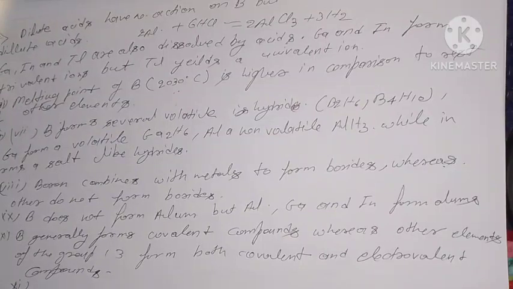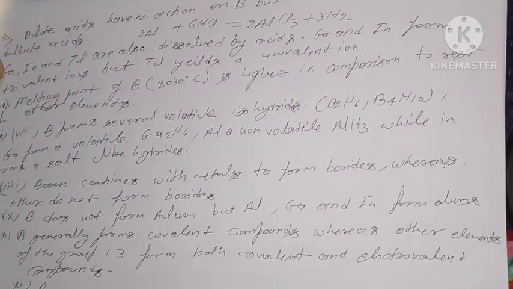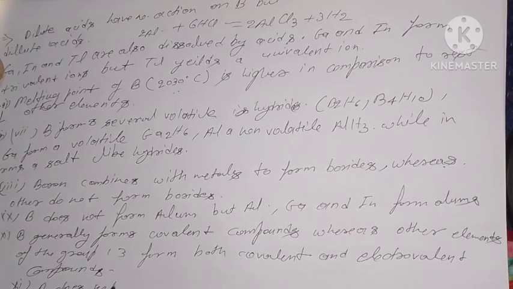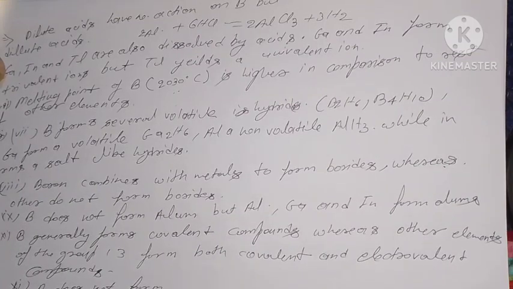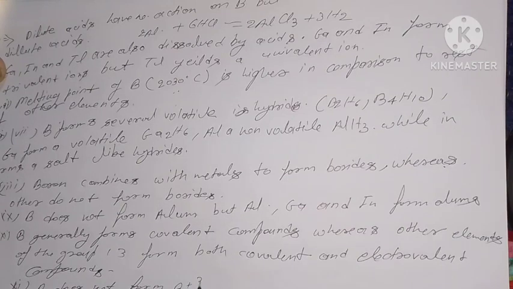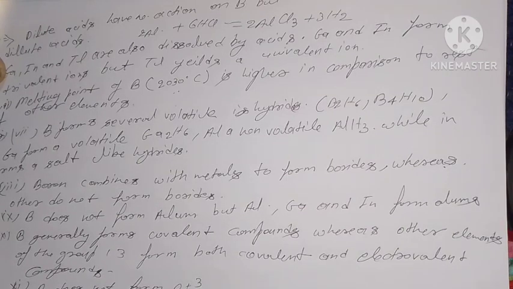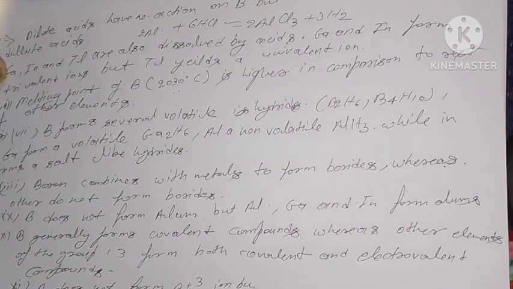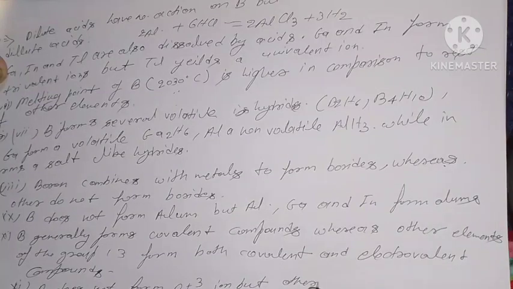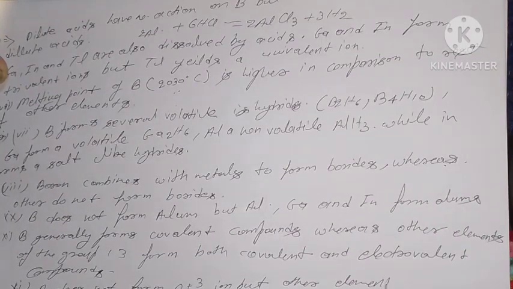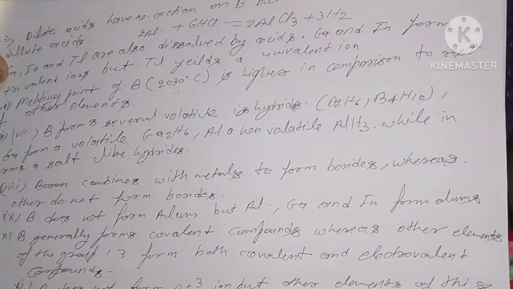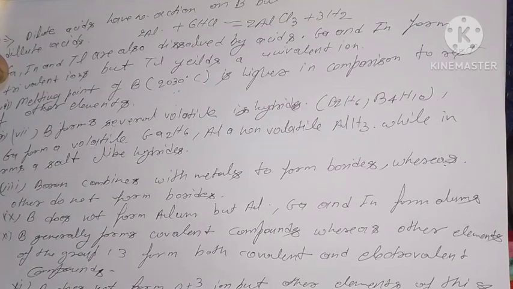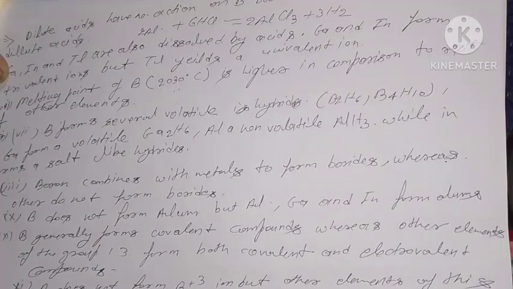Boron does not form B+3 ions, but other elements of this group form M+3 ions.